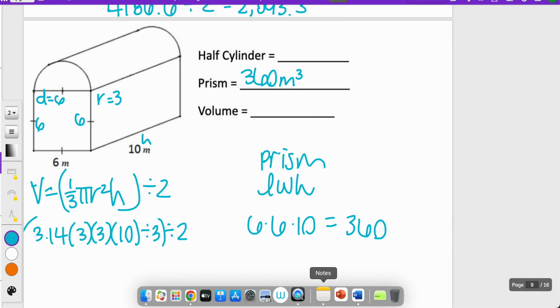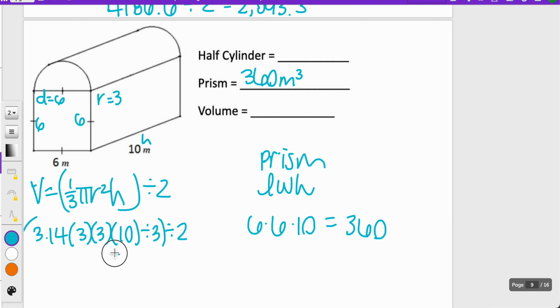So 3.14 times 9 times 10 divided by 3 gives us 94.2. And then I'm going to divide that by 2 since it's half, and I get 47.1 cubic meters.